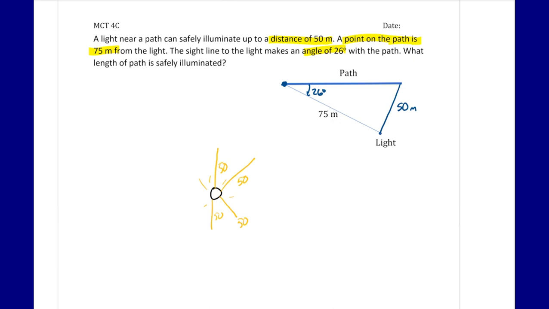It's only going to reach, say, 50 meters in the one direction, and then there's going to be 25 meters that isn't illuminated. Right? So it's not going to cover everything. So if we think about this, the light extends 50 meters here, and it's going to maybe extend 50 meters in another direction. We want to know if that's possible.